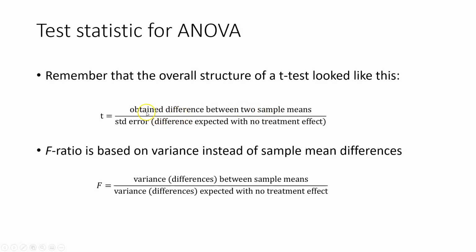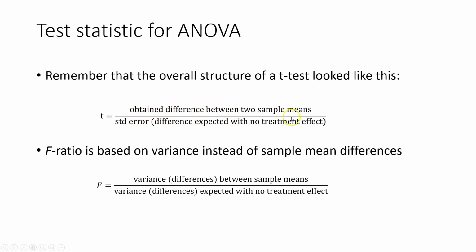But the point here is that we had a difference that we obtained in actual units. So one sample might be a mean of 5, and another sample might be a mean of 10. And the difference between those two, between 5 and 10, is 5 units. That's the obtained difference.